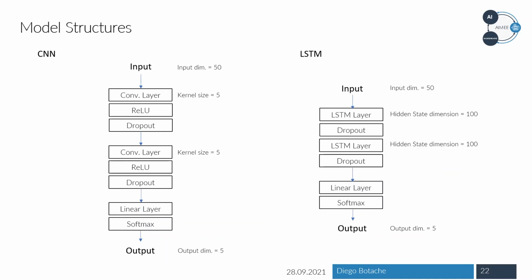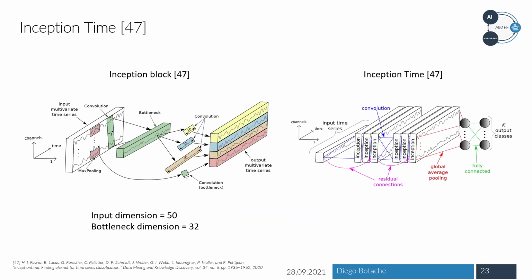In our first experiments we started with some CNN and LSTM structures, but the most sophisticated structure is this InceptionTime structure, which represents one of the state-of-the-art approaches for time series classification. We keep most of the parameters constant, and we refer to the paper of the InceptionTime.